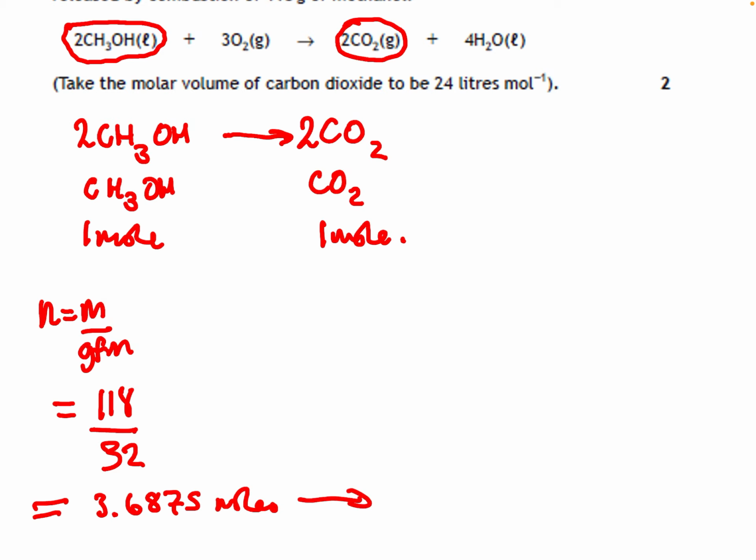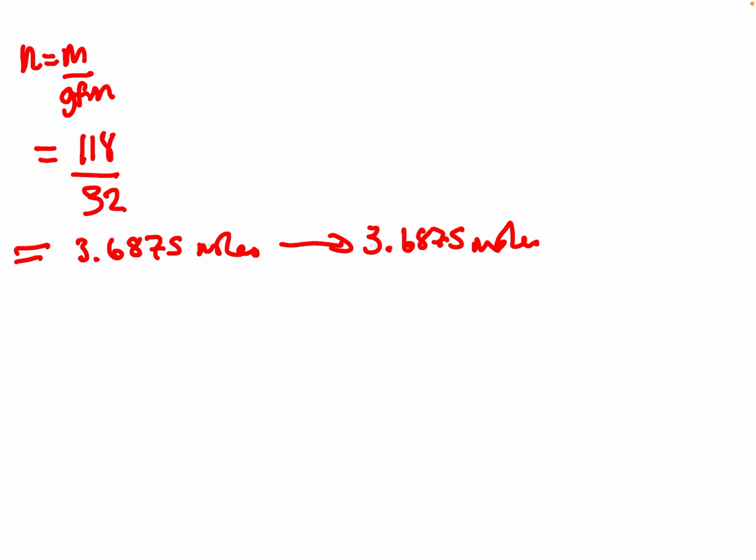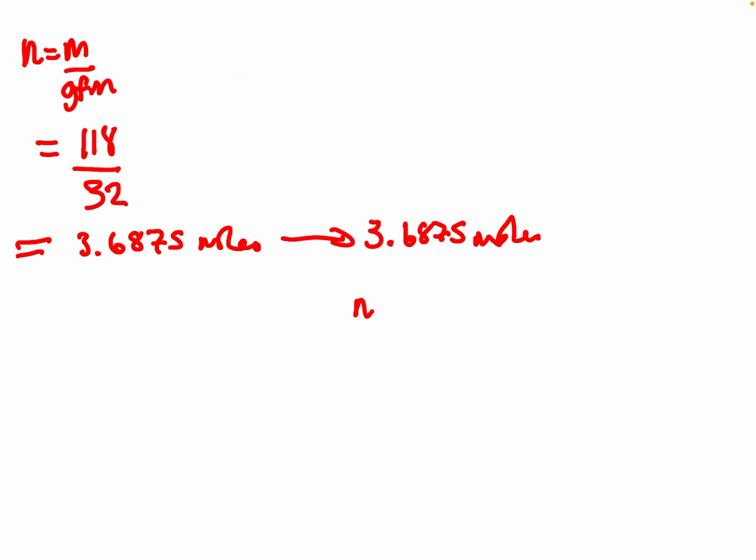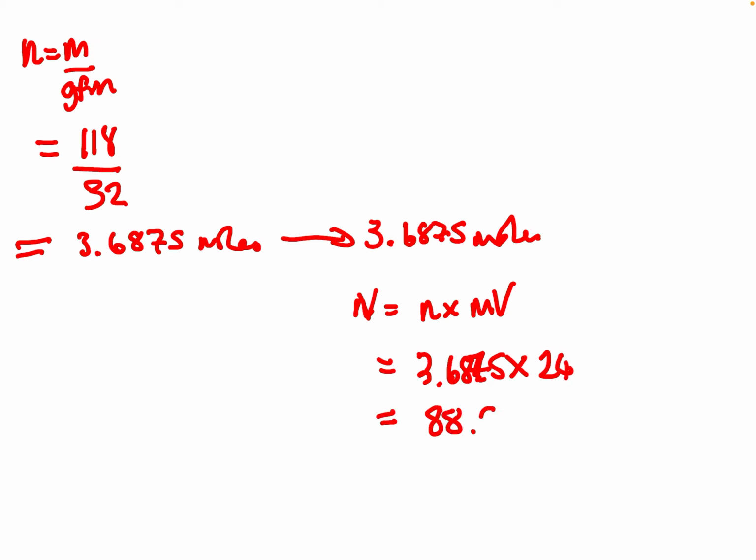We use the mole ratio to work out the number of moles of CO2, which is going to be the same. So it's a 1-to-1 ratio. So 3.6875. And let's work out the molar volume, or the volume even. That comes out at 88.5 litres.